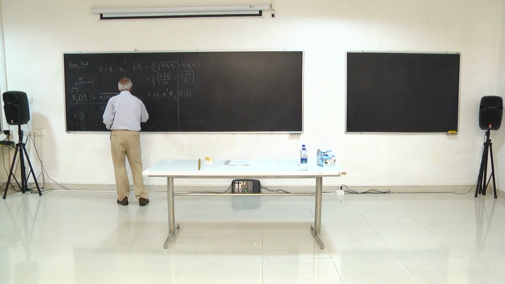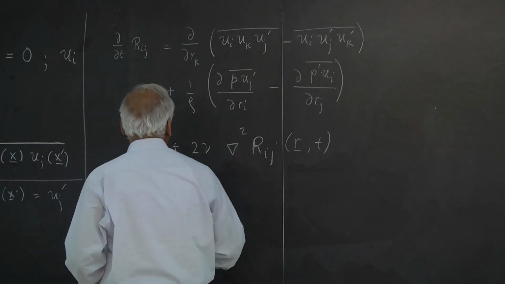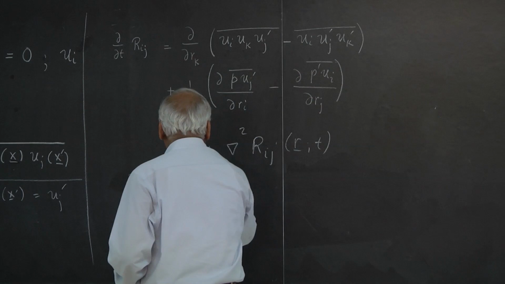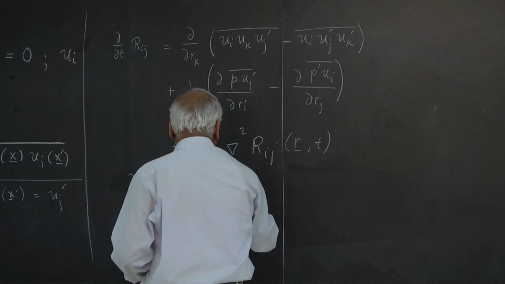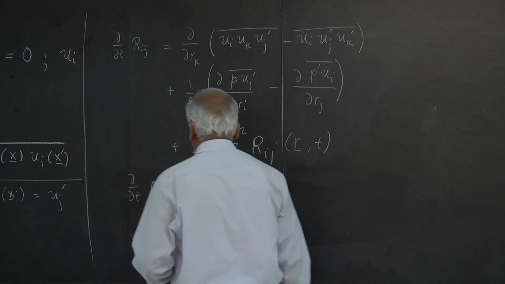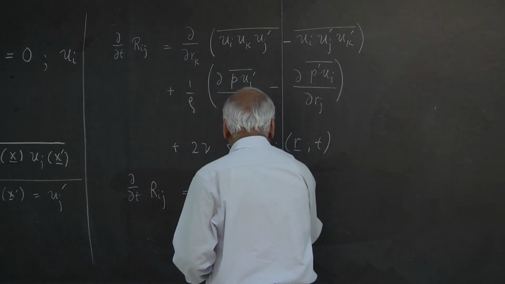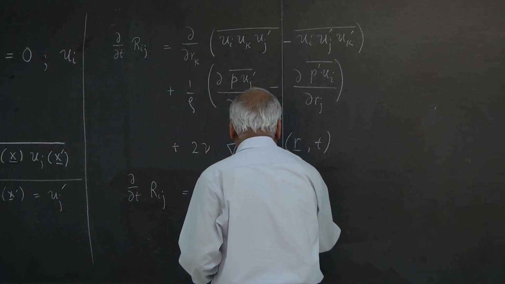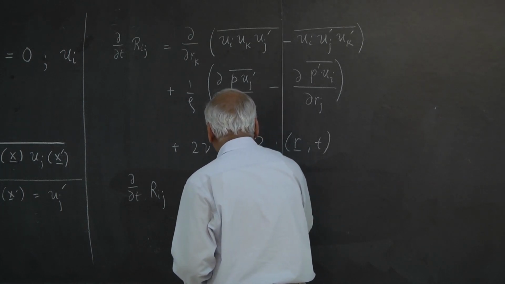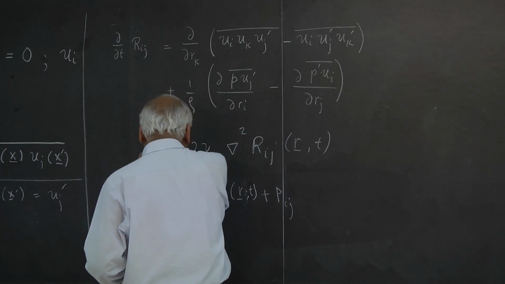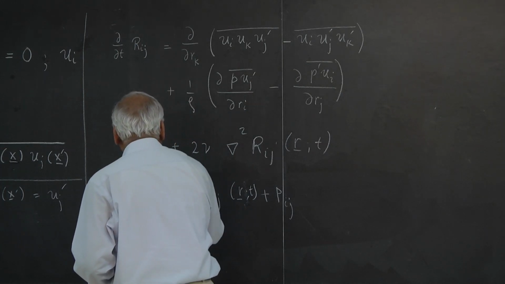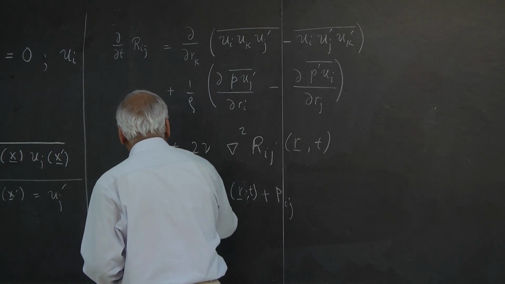So let's write it as d by dt of R_ij. This is equal to, I'll put this whole thing as T_ij of R, and then plus P_ij, let's say of R and t. So this is also R and t, it could change with time.